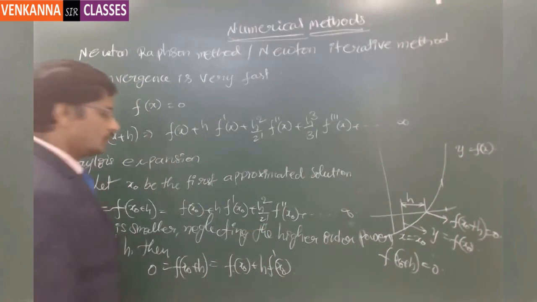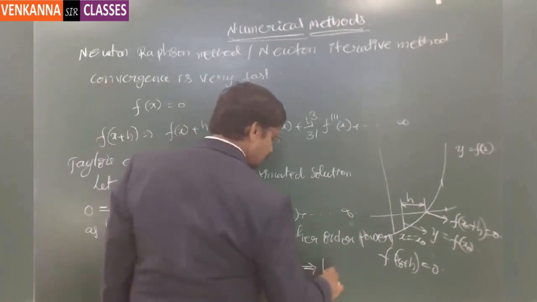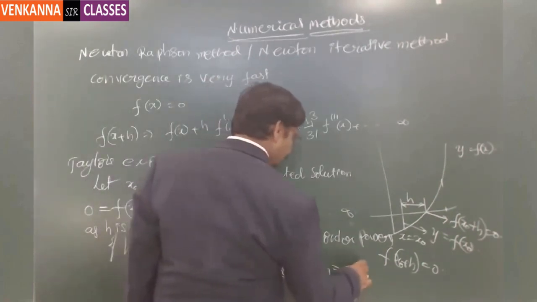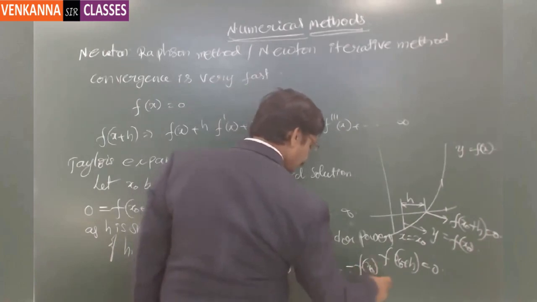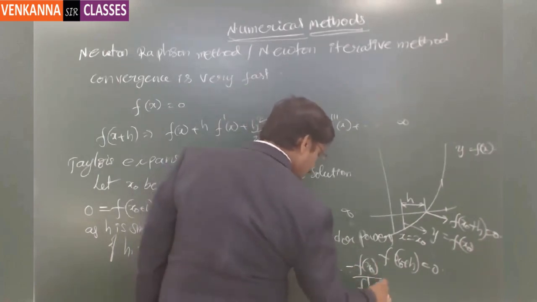From there you will be able to calculate the h value, which is equal to minus f of x naught divided by f dash of x naught.